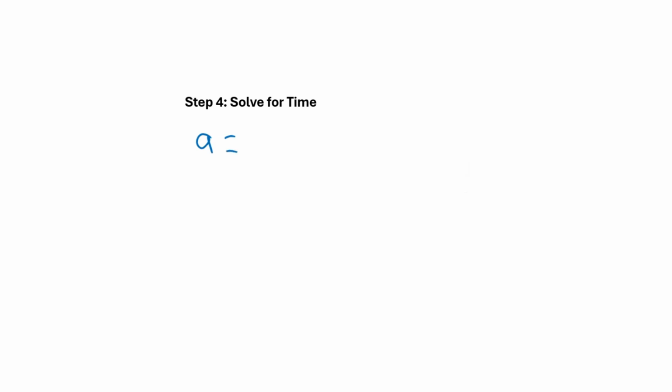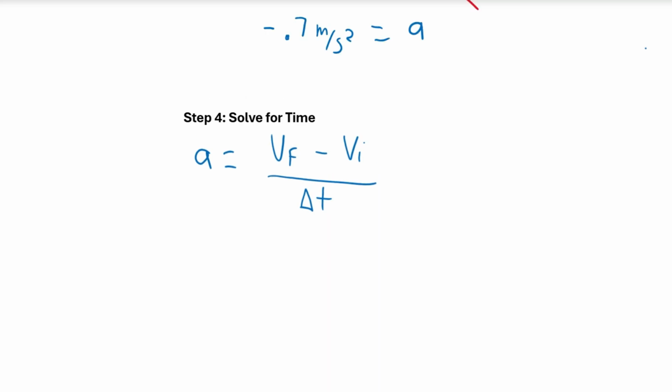Acceleration is equal to final velocity minus the initial velocity divided by delta t. So let's just plug in our values. So what is the acceleration? We solved it in the previous video. It is 0.7, remember it's negative, meters per second squared, is equal to, now let's think about this.